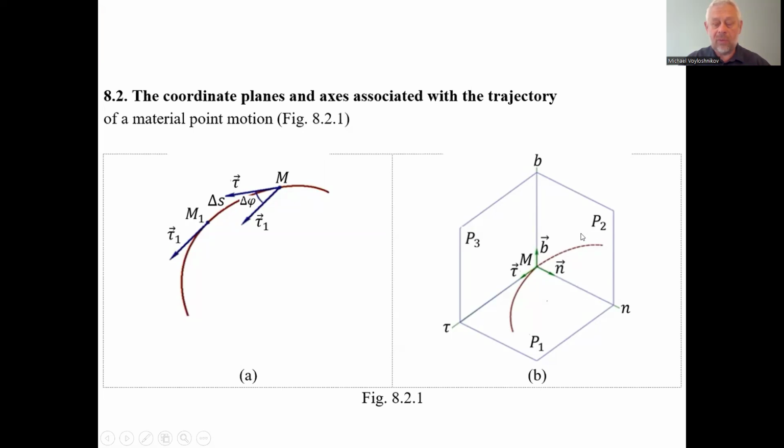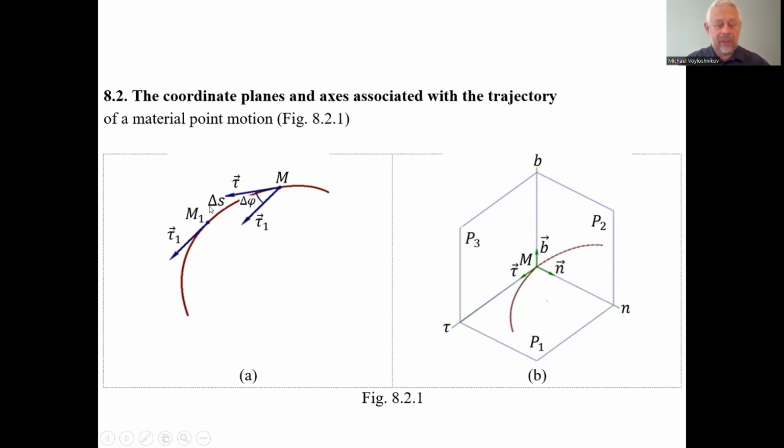We can say the normal plane is perpendicular to the direction of the motion at one moment of the point M. This plane P2 will be the normal plane, and the line of intersection of the osculating plane P1 and the normal plane P2 will be the main normal axis. So the first axis is the tangential axis, and another one, the main normal axis, is the result of the intersection of the osculating plane, the limiting location of the plane defined by two vectors of the point M when it moves by the trajectory.